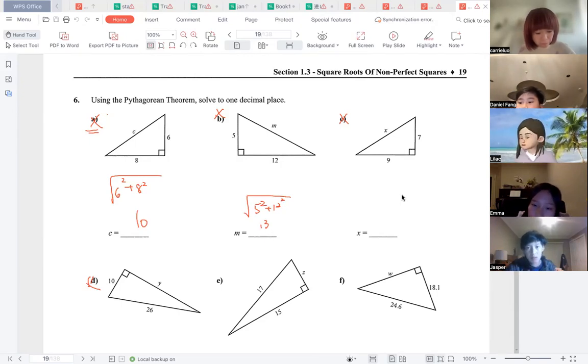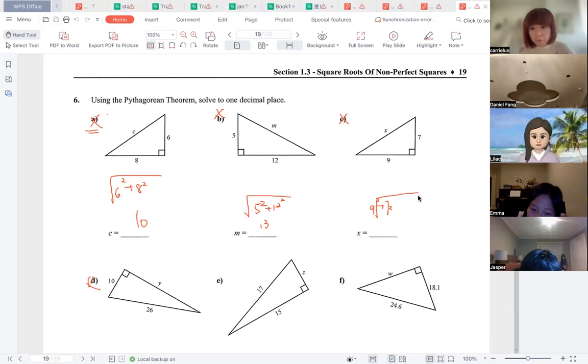Wait, I didn't finish that one yet. Okay. How about we do it together? Okay. That's 9 squared plus 7 squared, and then the square root, right? Okay, so equals what?